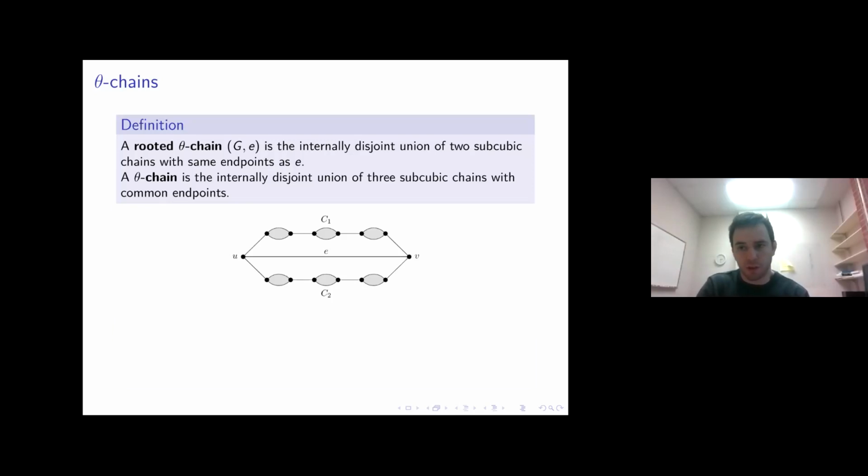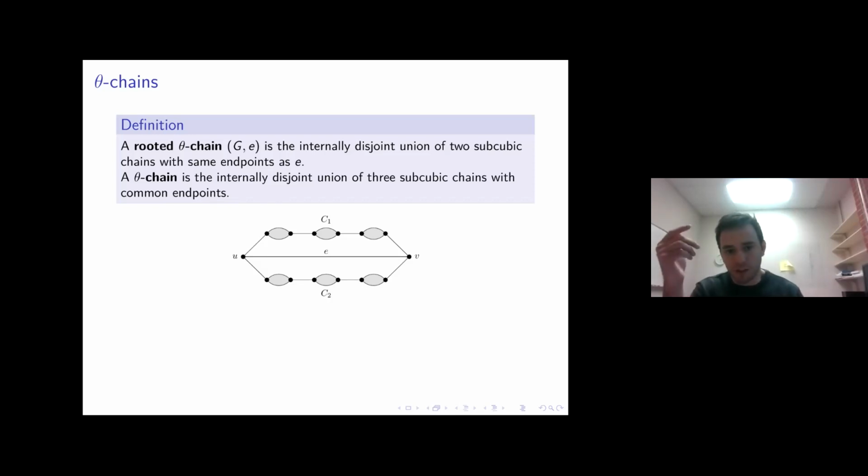Okay, so one important structure here that will be one of our extremal examples is the rooted theta chain. So a rooted theta chain, G E, is the internally disjoint union of two subcubic chains with the same endpoints as E. And a theta chain is the internally disjoint union of three subcubic chains with common endpoints. So a rooted theta chain is a theta chain where one of the chains is trivial, where it's just an edge, okay?